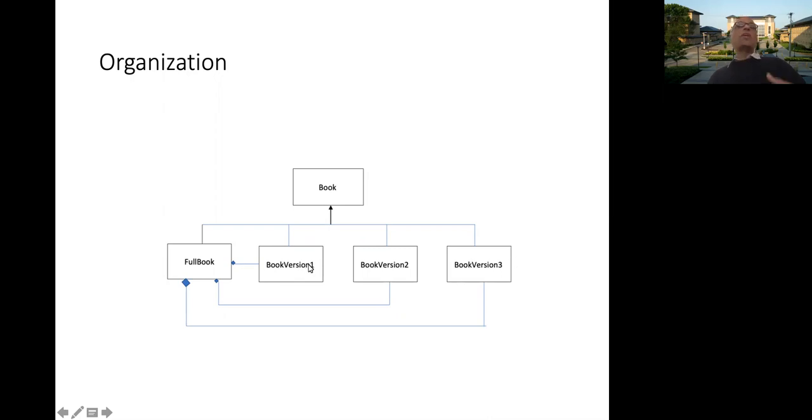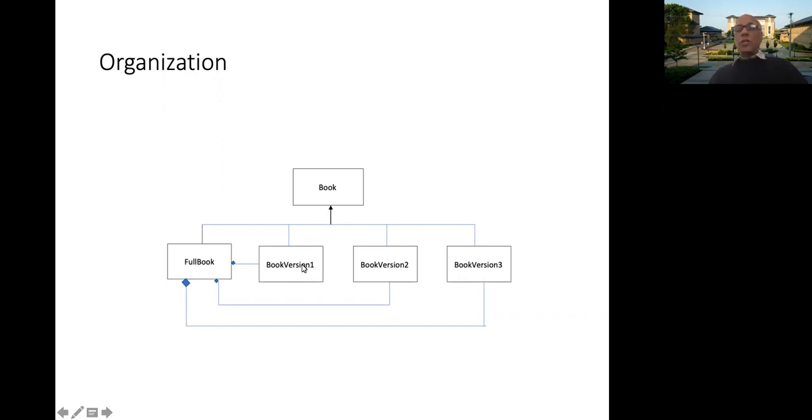So version 1 might allow renewal but not removal. A different version might allow placing of holds and not allow something else. So we can have different kinds of privileges for each type of book.